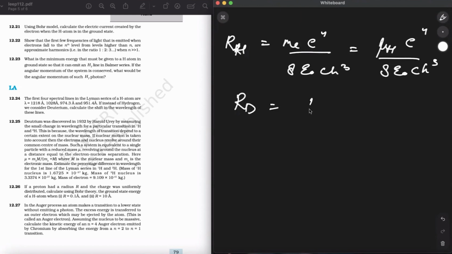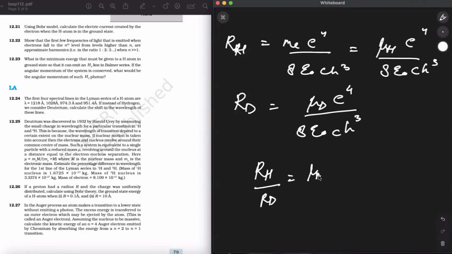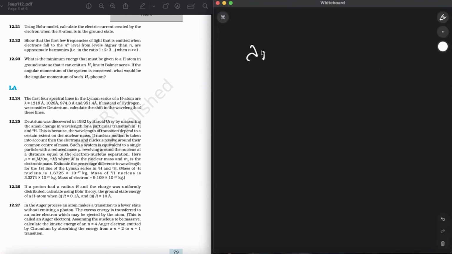So R for deuterium will be reduced mass of deuterium times e to the power of 4 upon 8 epsilon naught squared c h cubed. Alright. So now I know RH upon RD will be the ratio of reduced mass of hydrogen to reduced mass of deuterium. Simple. Now we already made the relation between the RH and RD. Just equating that, lambda D divided by lambda hydrogen will be mu H and mu D, the reduced mass for hydrogen and the reduced mass for deuterium.